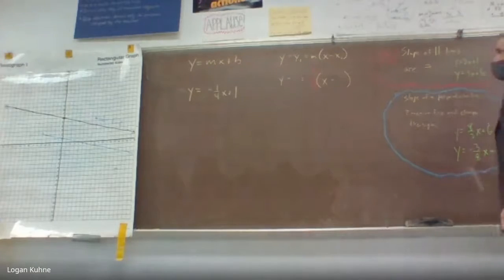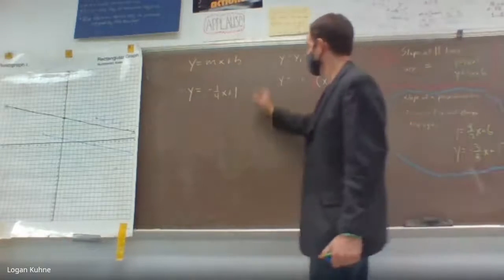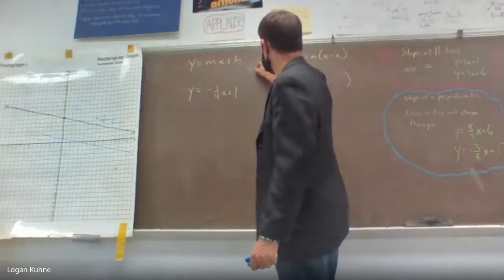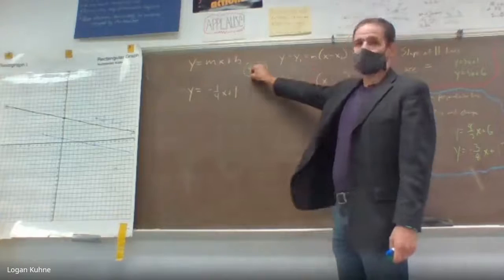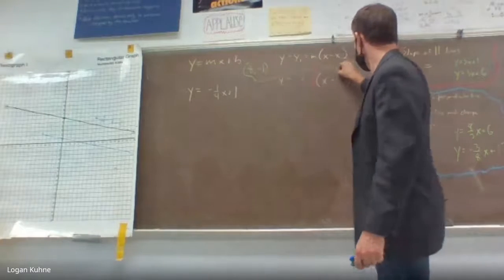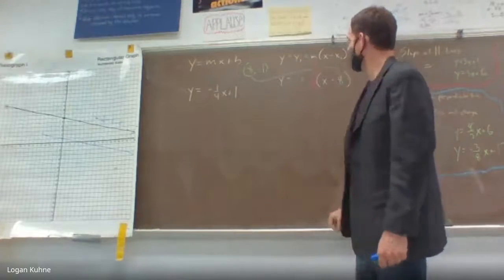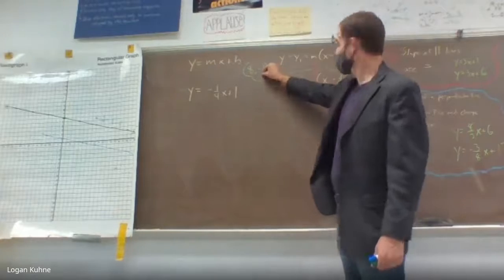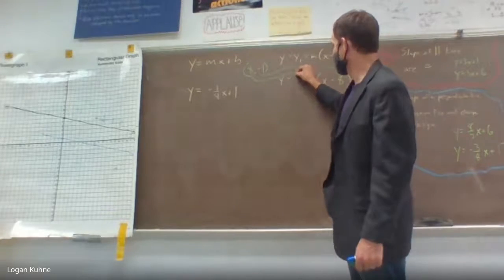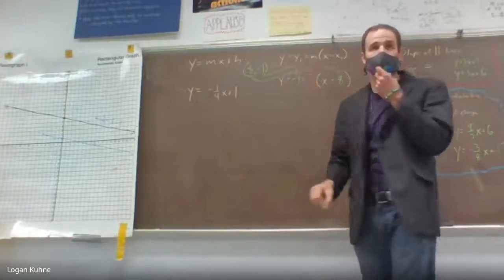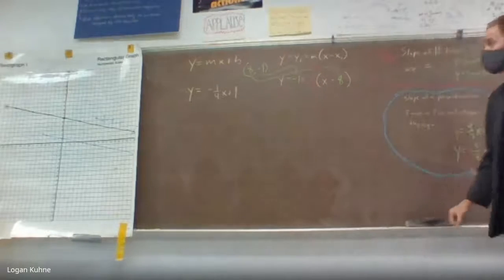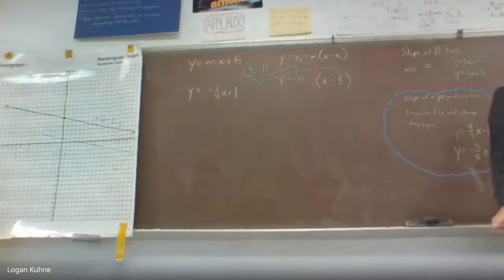What point are we going through? 8, -1, right? The 8 is the x, and that's the y. And yes, I realize there's a negative, but I still have to put in the -1. And I'm done.